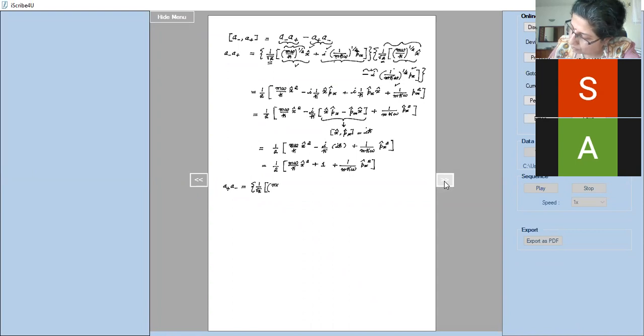It is m omega by h cross to the power half x minus i 1 upon m h cross omega power half px, right, into again 1 by root 2, and here you will get m omega by h cross to the power of half x, sorry, I was forgetting the x, and then you have plus i 1 upon m h cross omega power half px.